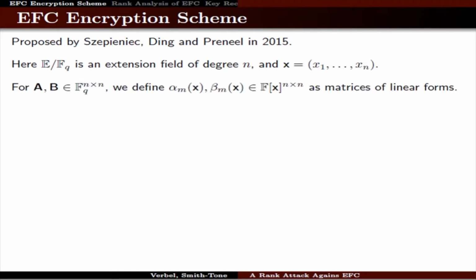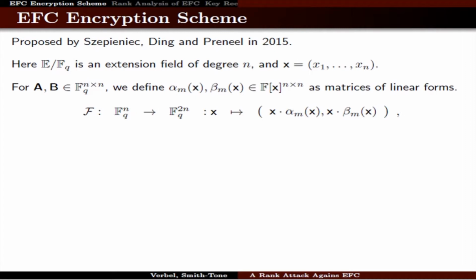For two given matrices A and B, we're going to define two matrices which contain linear forms in the x variables, and the coefficients of such linear forms are going to depend on these two matrices A and B. The coefficients of alpha are going to depend on A, and the coefficients of beta are going to depend on B. And then we are going to build our central map, which is simple.